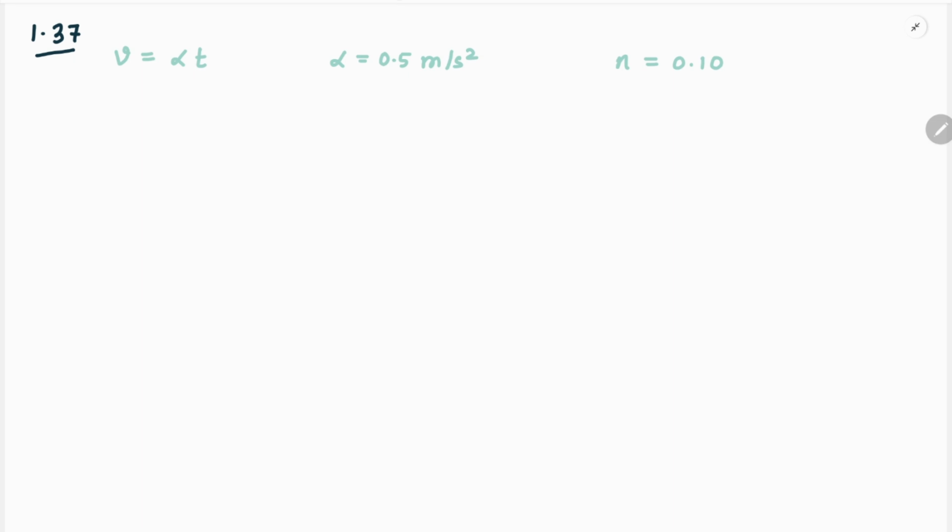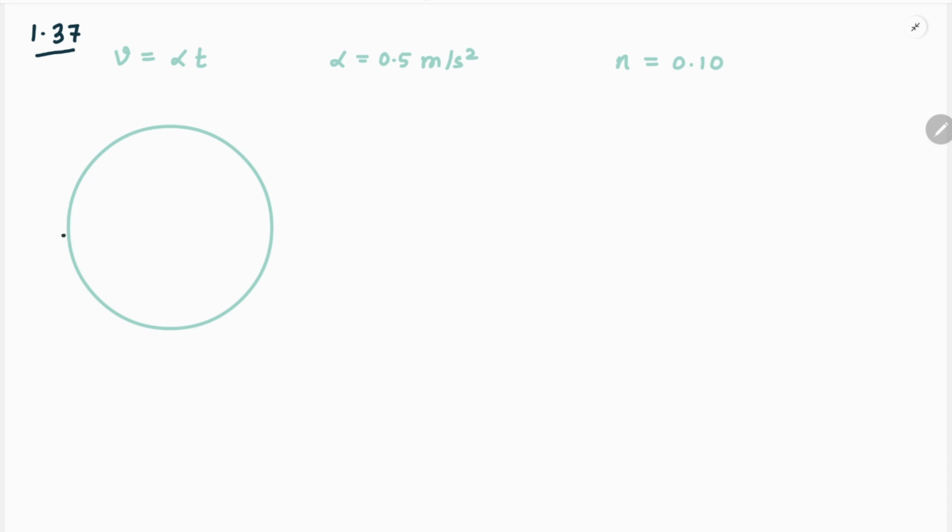What we need to understand is what exactly the problem is asking us to do. We consider that the particle is moving in a circular path like this. If we look at this velocity expression, putting t equals 0, the velocity will be 0.